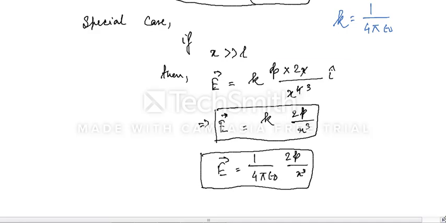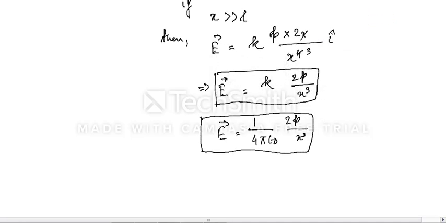Now we will find the net electric field due to the electric dipole at an equatorial point. Equatorial point can also be taken as the perpendicular bisector.